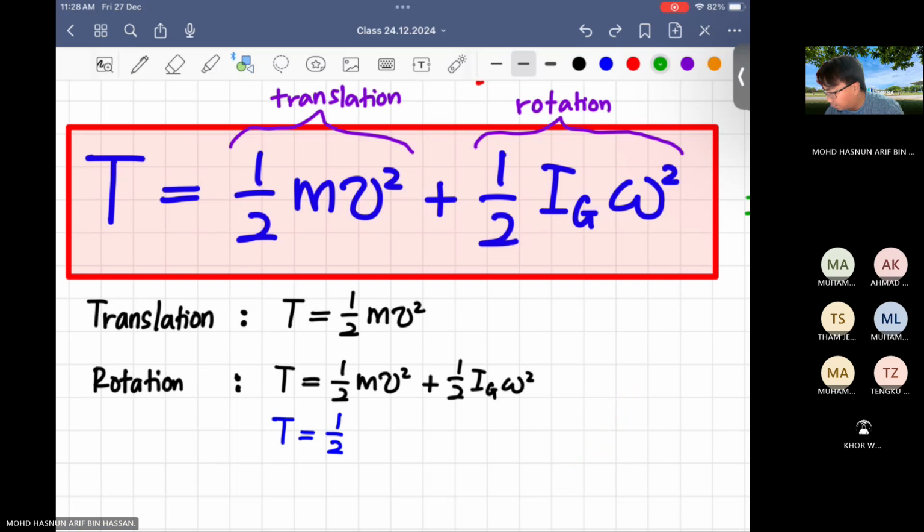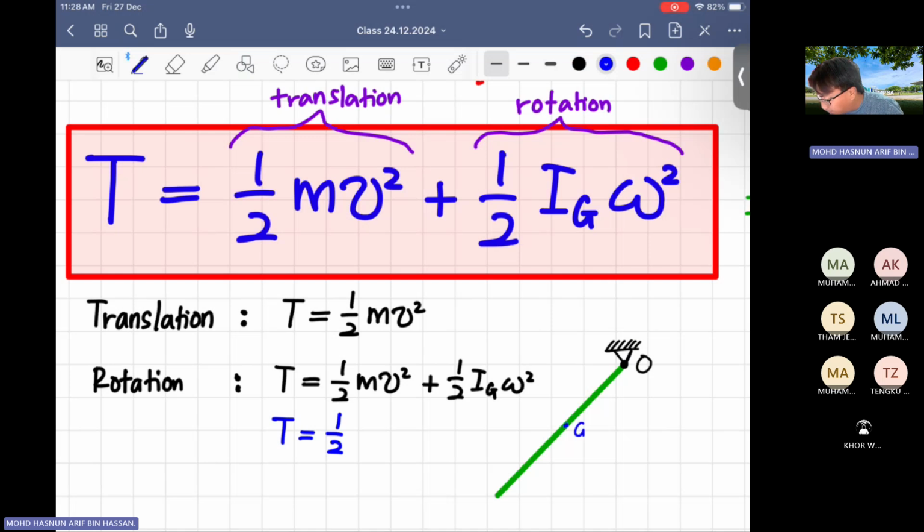This rod is rotating, and this is the point of rotation, point O. Center of gravity is somewhere here.